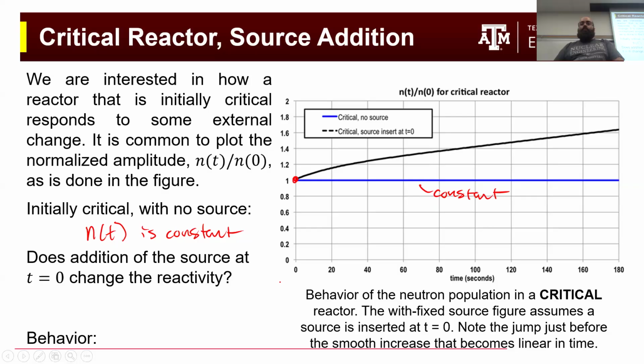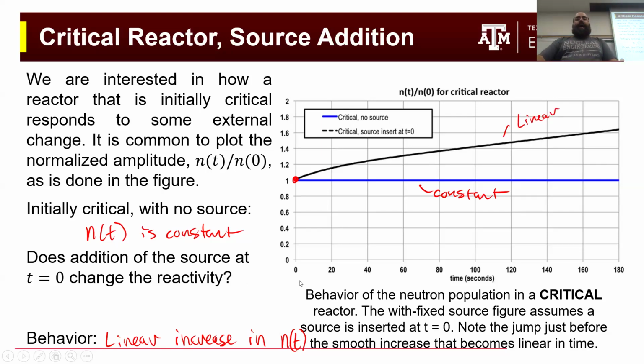So the behavior of the system with a source is a linear increase in that neutron density. This is our plot showing a linear increase.